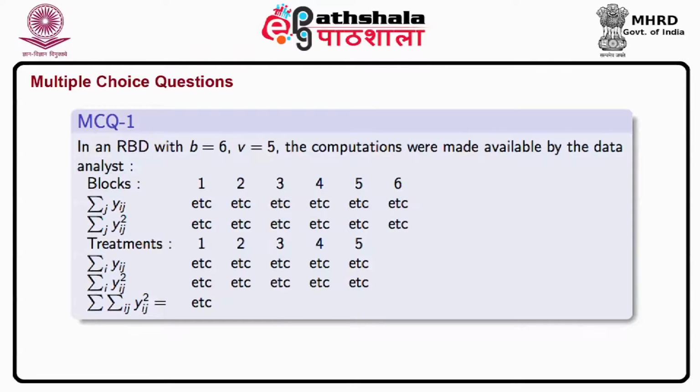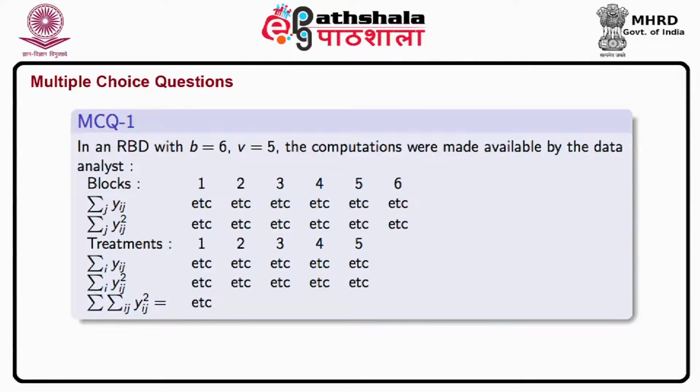So at first I am talking about the question which is related to RBD. The first question is, in an RBD with B equal to 6 and V equal to 5, the computations were made available by the data analyst, which is for the 6 blocks, the block totals, that is sum over j of yij, and the raw sum of squares of the yij's are given.